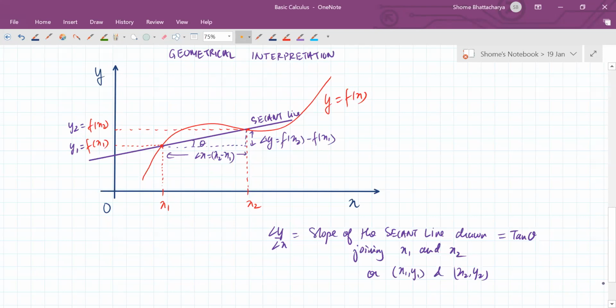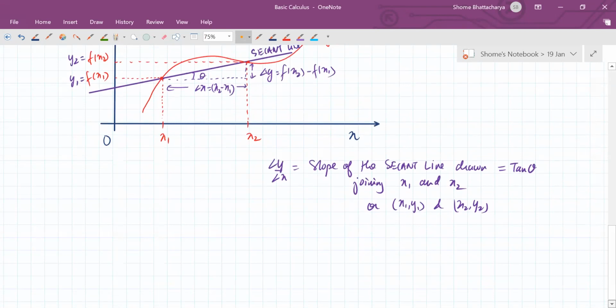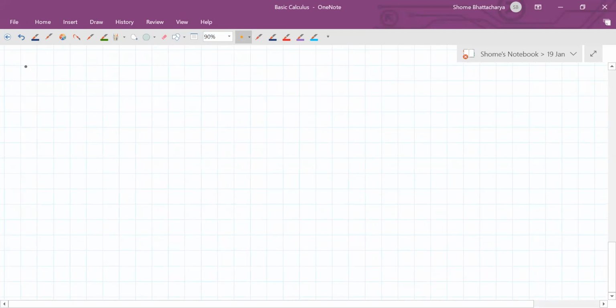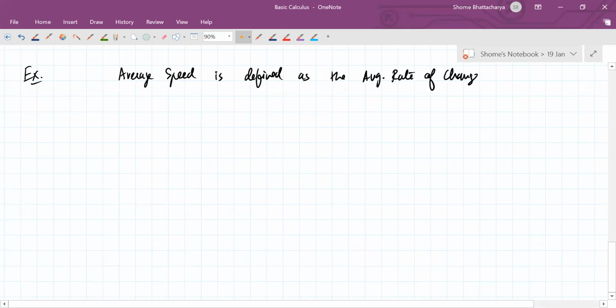All right, so let's look at a couple of examples to understand this better. For a typical physics example, we could have a situation like this, where we are using the concept that the average speed is defined as the average rate of change of distance covered with respect to time.